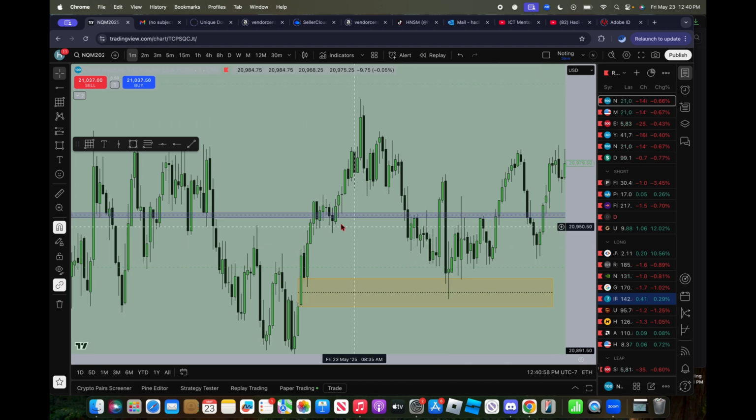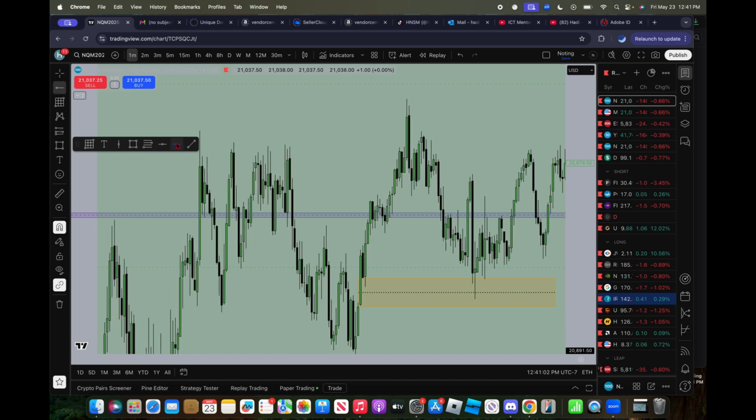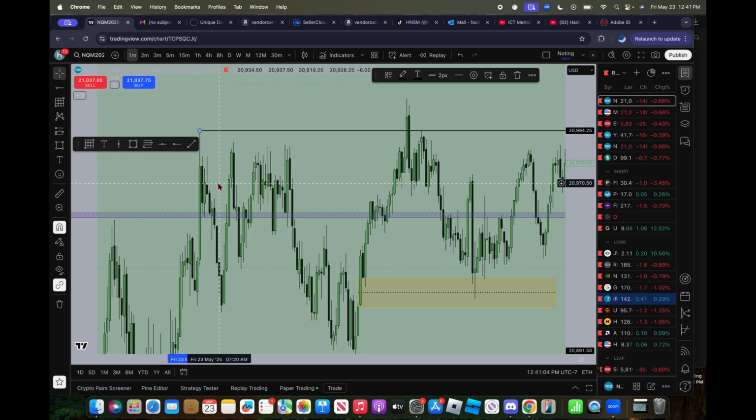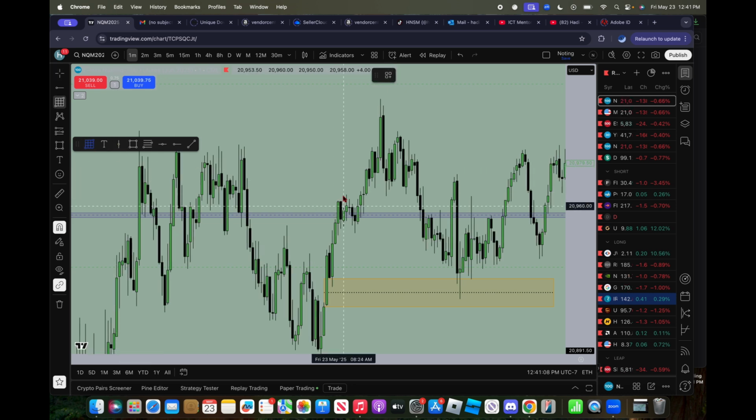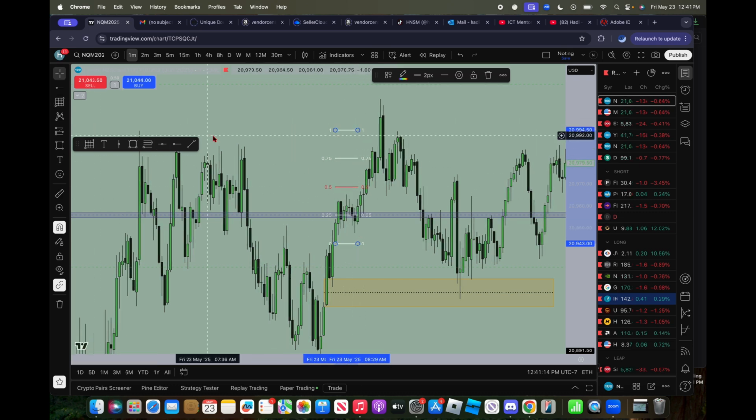And by the way, the earlier framed premium and discount, after our target's been hit, I can't use that anymore. So the earlier premium discount I framed with the immediate rebalance and the buy side, once the buy side's been swept, that's gone.